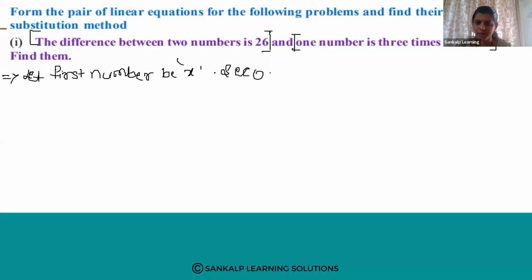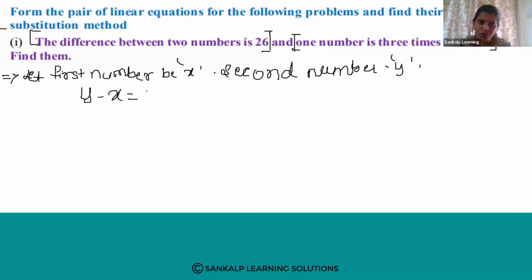Let's consider second number as y. Okay. Now, what have they given? The difference between two numbers is 26. Okay. So, for that, y minus x is equal to 26.